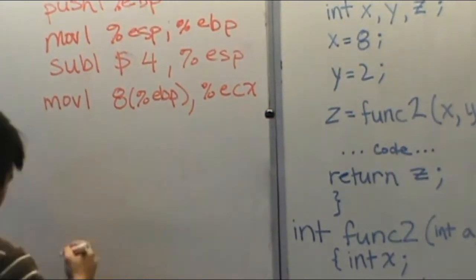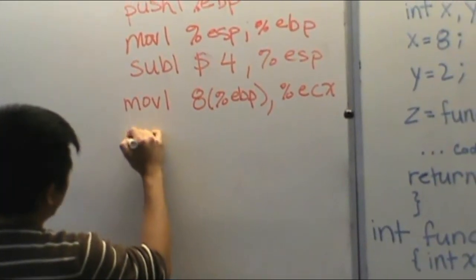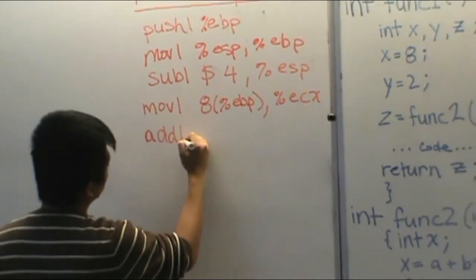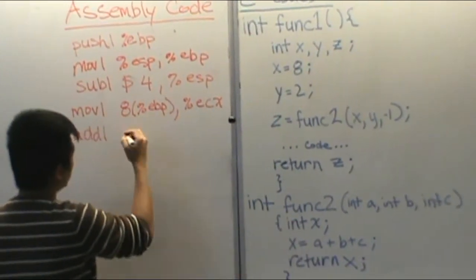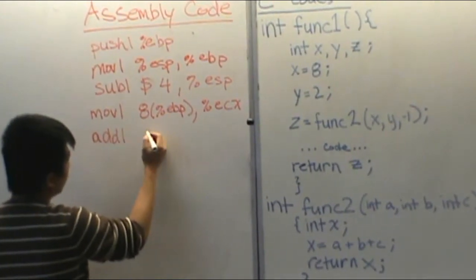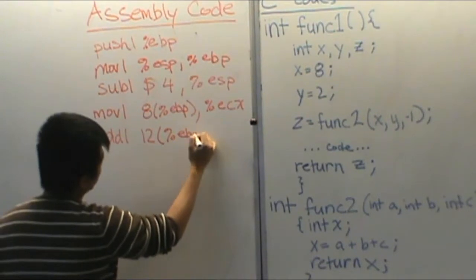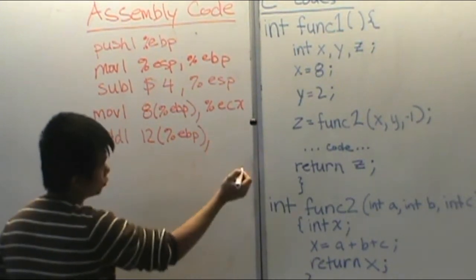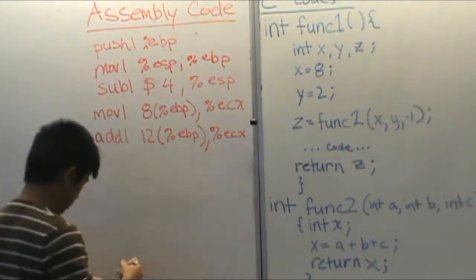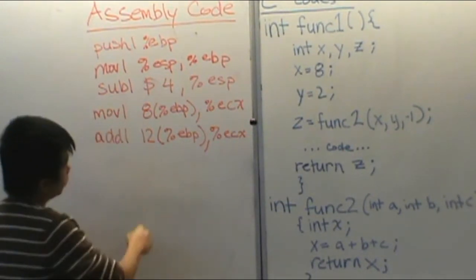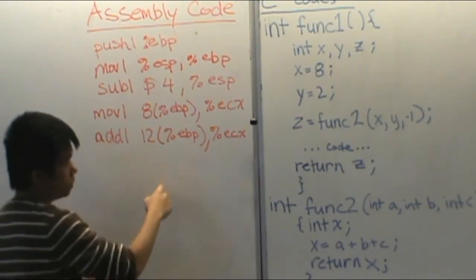And then the next step will be adding the variable B to A. So it will be 12(%EBP), and storing it into the register C. Why am I using 8 and 12 to offset EBP?